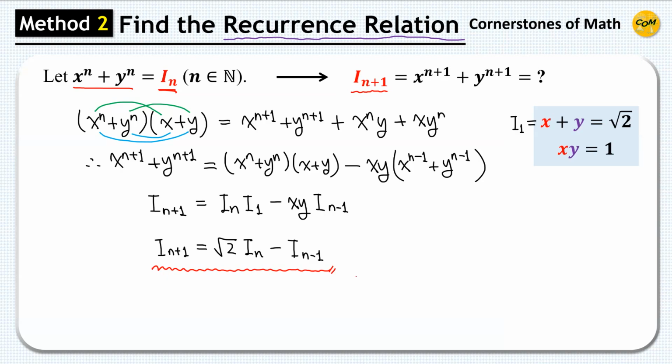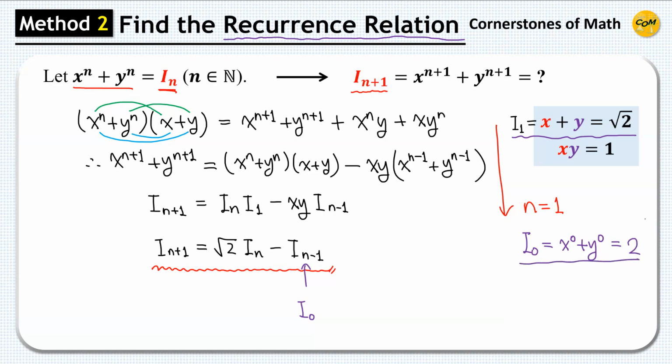And the thing is, this entire process also works when n equals 1. That is, this I_(n-1) can be I_0. Therefore, we can use I_1 equals square root of 2 and I_0, which is x^0 + y^0, hence 2, as our initial values.